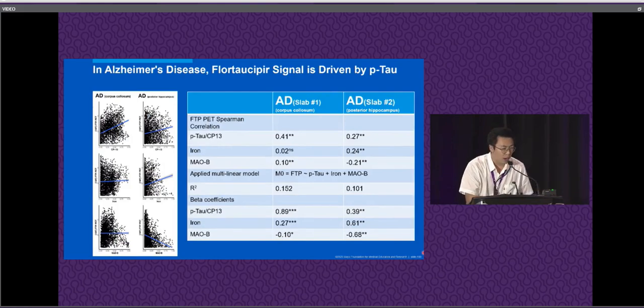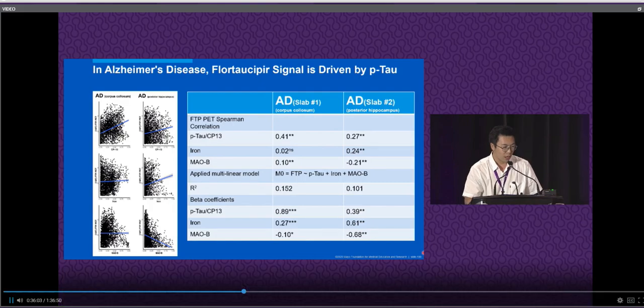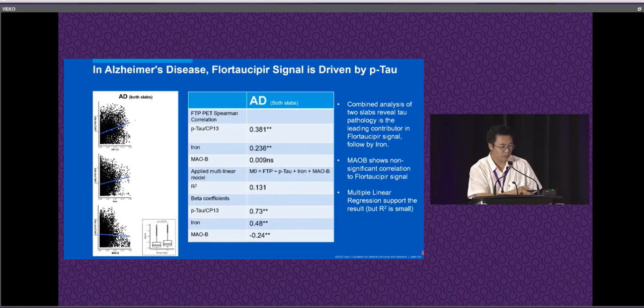So what we learned from our AD result is that tau pathology is really the main contributor in both regions that we have for Alzheimer's disease. Iron is showing a regional variation between the two slabs. We believe that is due to the varied iron accumulation in different anatomical regions within the same tauopathy. More details about it later.